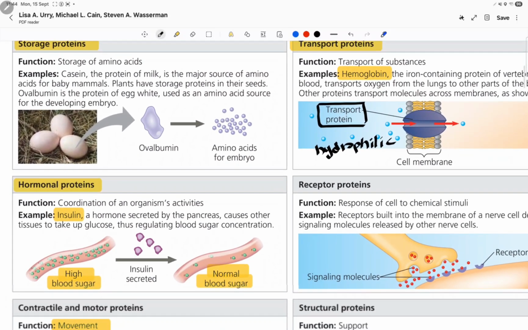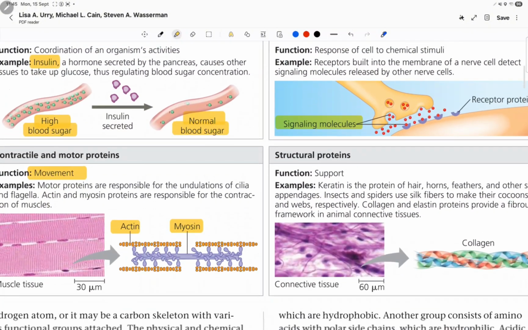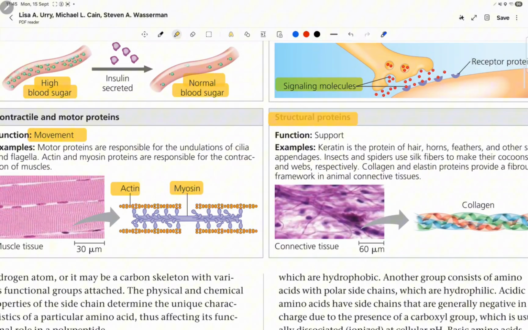And some proteins will be acting as receptors to receive a specific signal, okay, to receive a specific stimulus. And those receptors have to be bound by something called signaling molecules. Some proteins will be used as structural support, for example, the ones that are found in hair or skin.